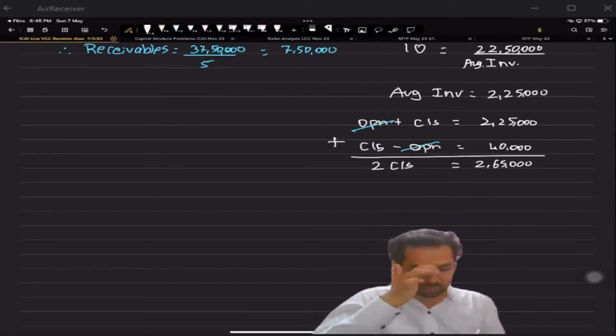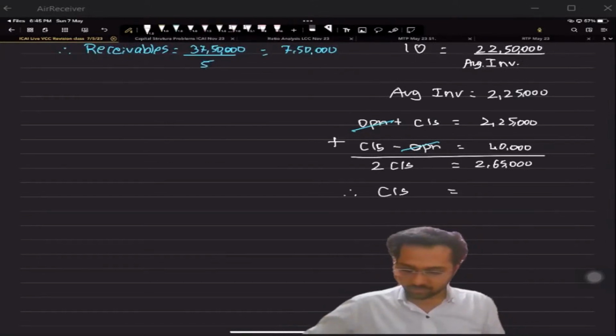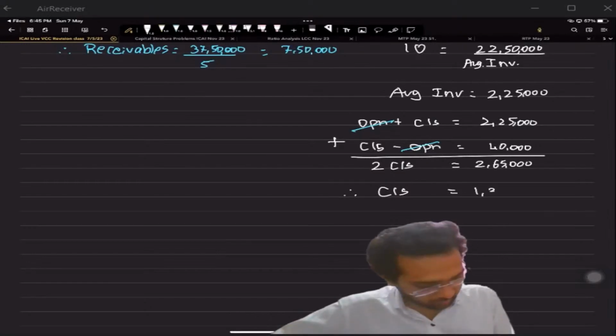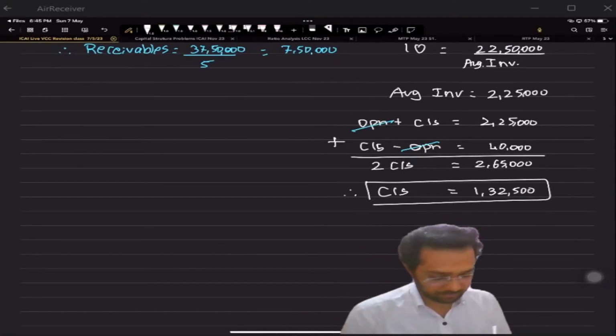So the closing stock figure works out to be 2,65,000 divided by 2, which is 1,32,500.